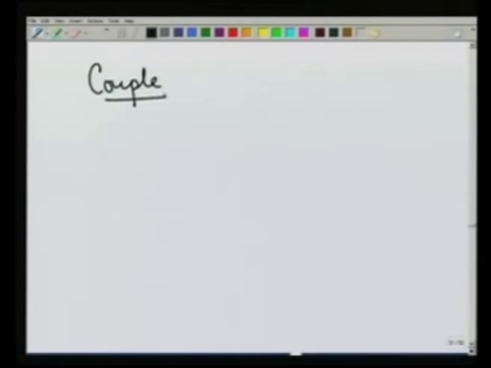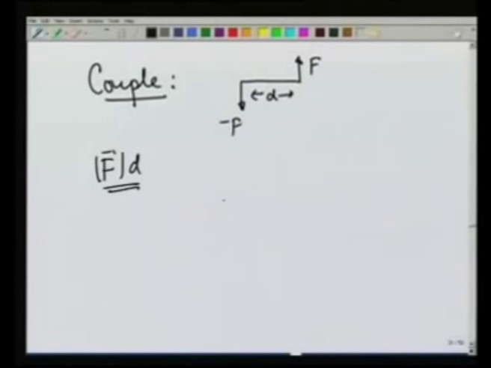Thus, a couple is two forces F and minus F displaced by a parallel distance d between them, and its moment is given by F d. Since the net force is 0, the same couple can be generated by different kinds of forces. For example, I could have a force F1 going the other way, minus F1, displaced by distance d1 from each other.